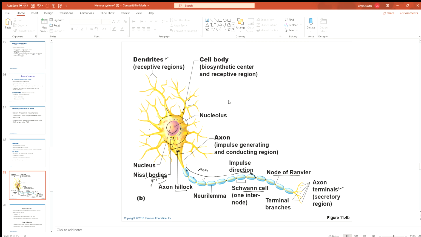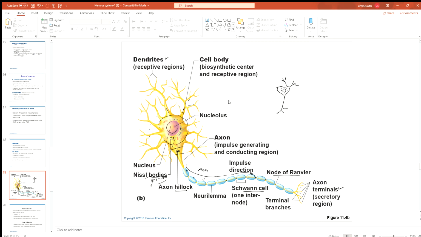Okay. Now this is a typical neuron that has a cell body, nucleus, Nissl granules, and multiple short branching processes are called what?